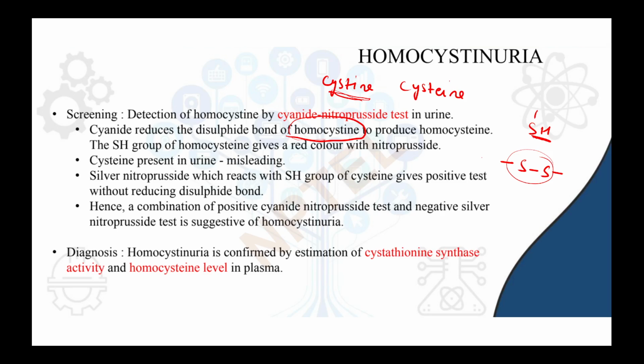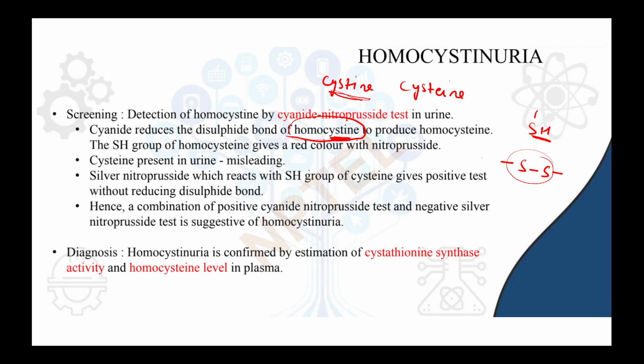So in that case, along with the cyanide nitroprusside test, they do the silver nitroprusside test, which reacts with the SH group of cysteine to give a positive test without reducing the disulfide bond. So homocystine, the dimeric form, will not give a positive test with silver nitroprusside, but cysteine will.